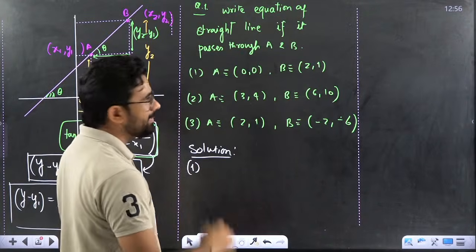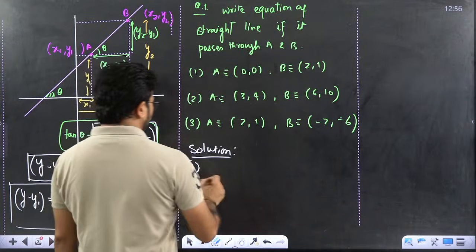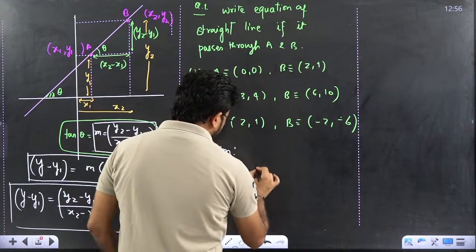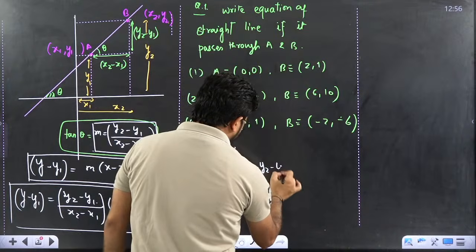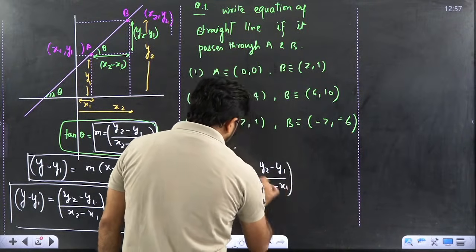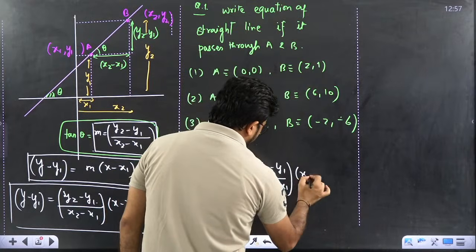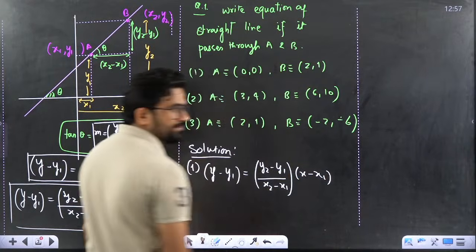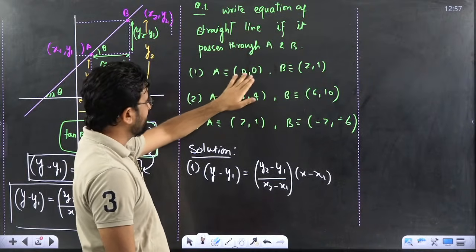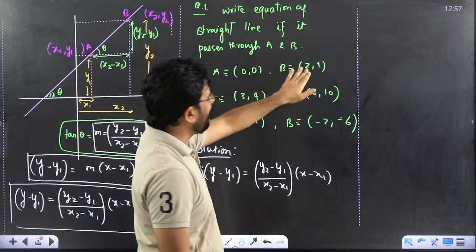First question I am solving, beta. Please try to see. So you will say, y minus y1, this is the formula, is equal to y2 minus y1 divided by x2 minus x1, into x minus x1. There is no doubt about it. Suppose I am taking A values as x1, y1 and B values as x2, y2.